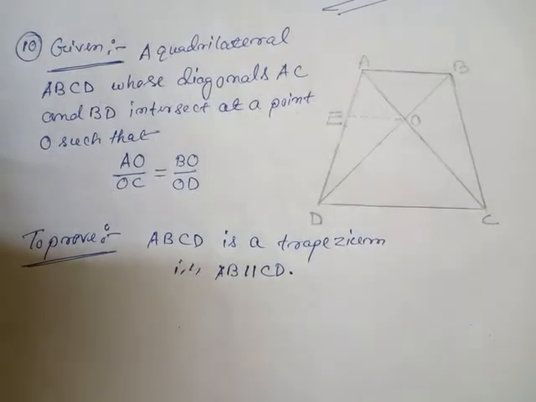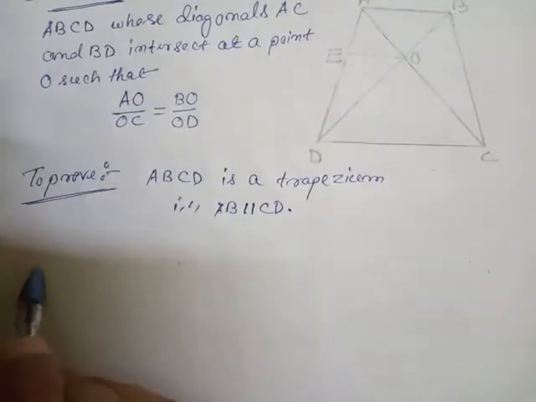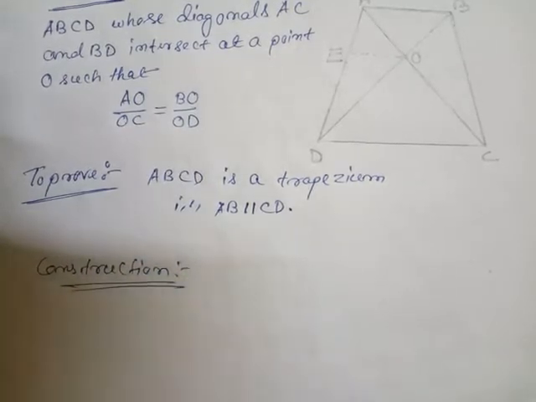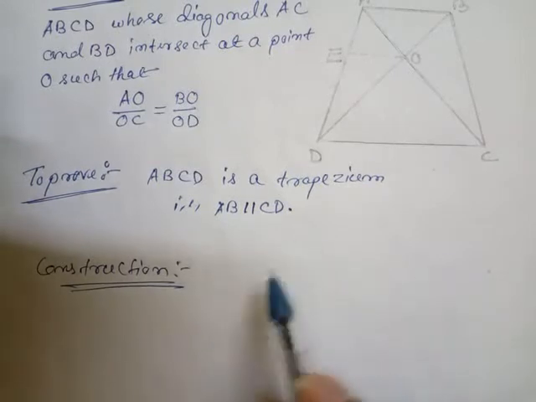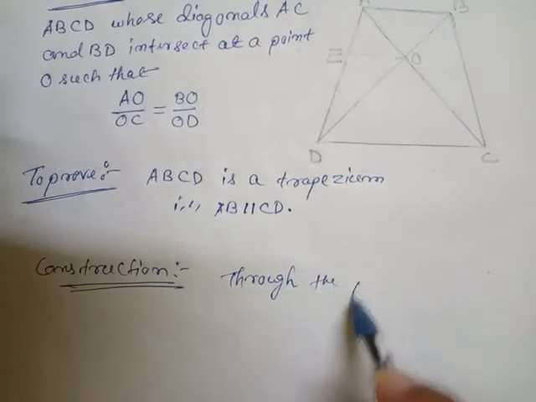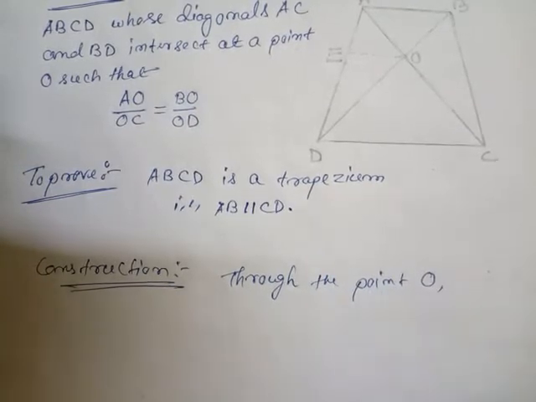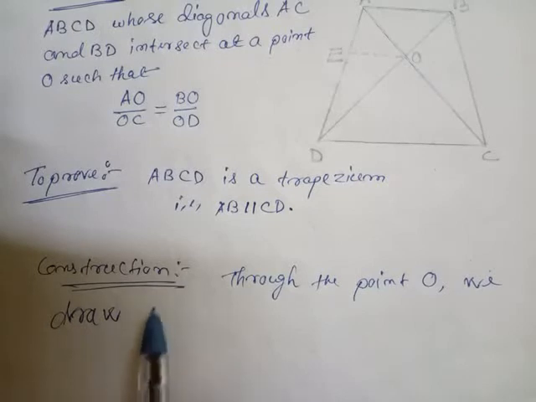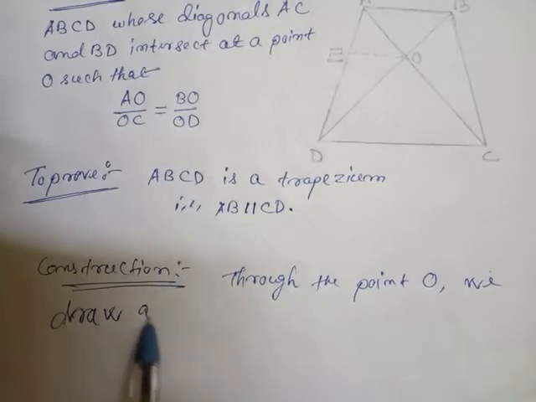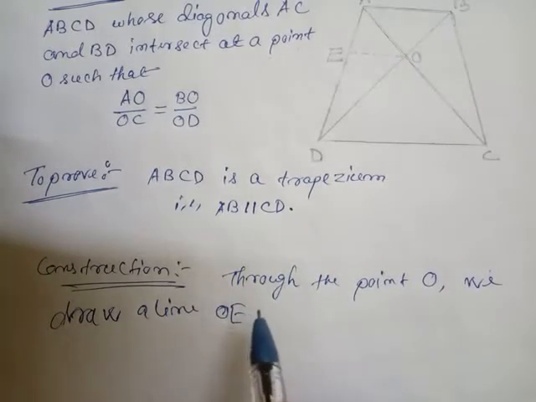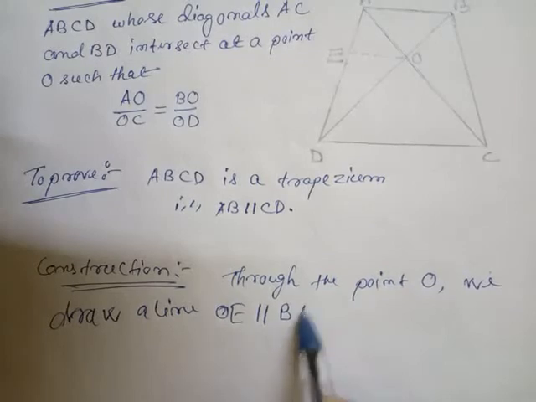Now let's have a look how to solve this one. We'll write here the construction part. Look students, construction. Through the point O, we draw a line OE which is parallel to BA or AB.